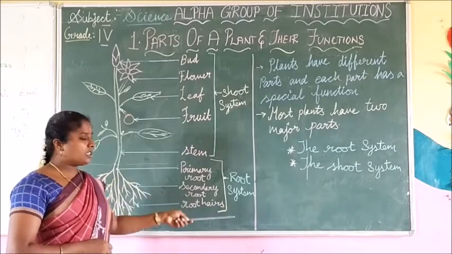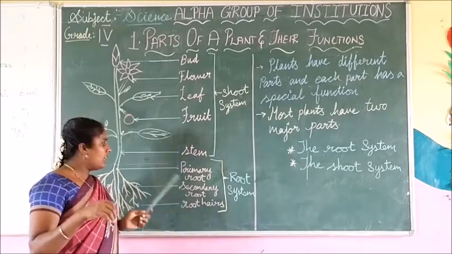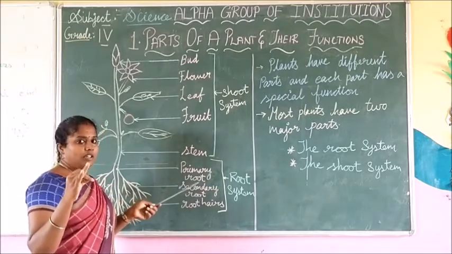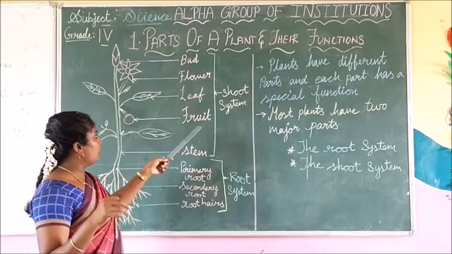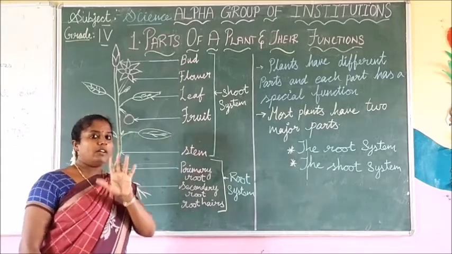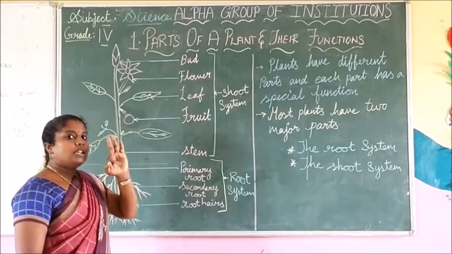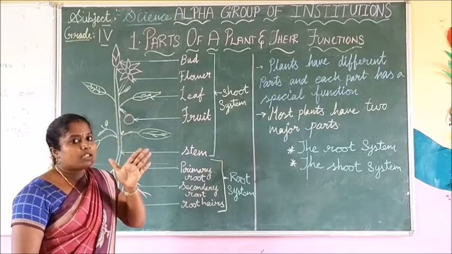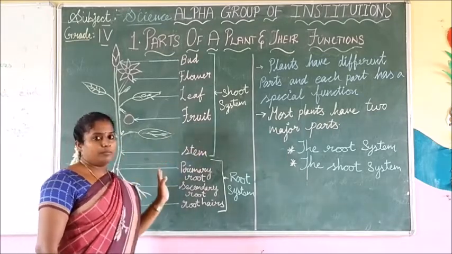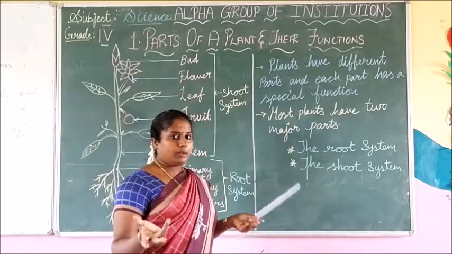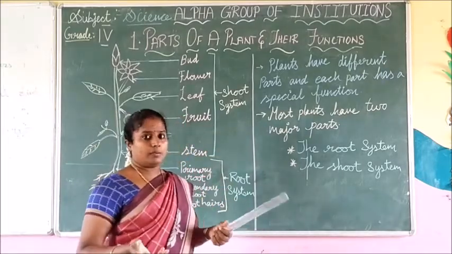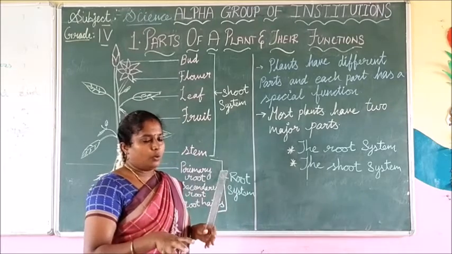So the root system includes three categories: primary root, secondary root, and root hairs. Now the shoot system includes buds, flowers, fruits, leaf, stem. So plants have different parts. We can still see more parts. Now we are going to see this alone.